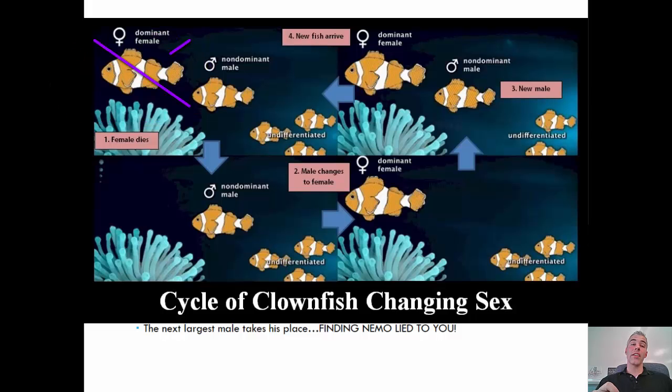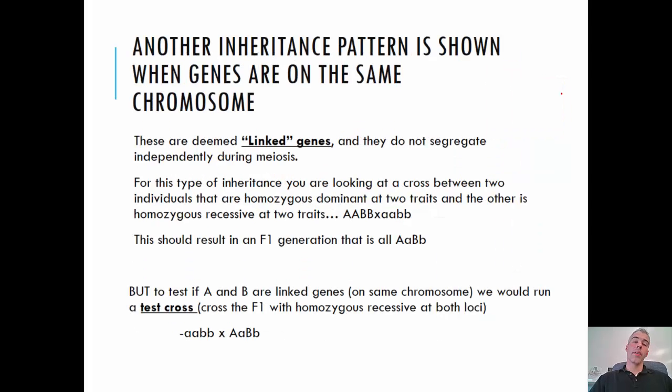If she dies, the next largest, most dominant male will become female and then mate with the other males below it. So it's this bizarre thing where they actually change sexes depending on if the more dominant female disappears or dies. Okay, so that's sex determination that we talked about there.